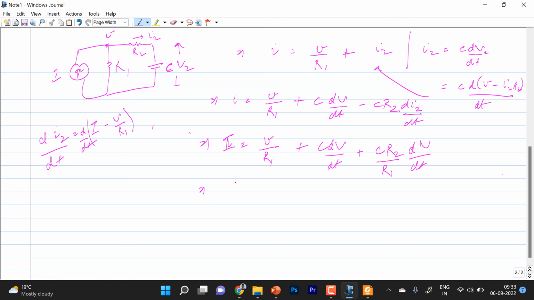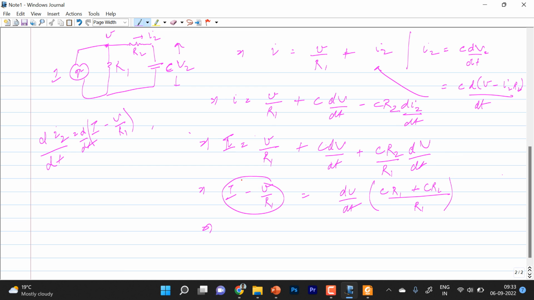So you can write here as I minus V divided by R1 is equal to dV by dt, and this will become C R1 plus C R2 divided by R1. This is the quantity, right? So you can further simplify it to be this.